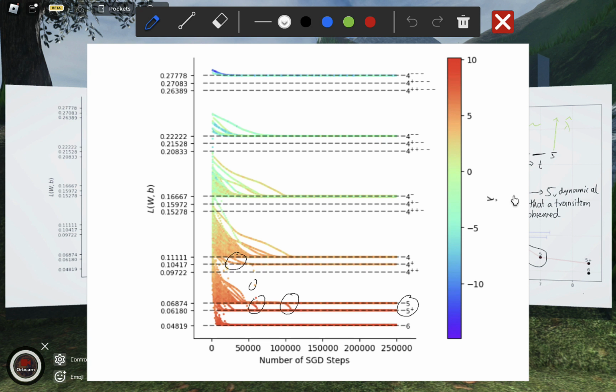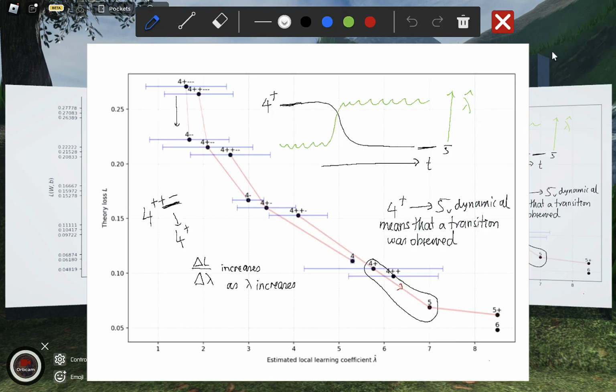Yeah, I think the transitions aren't infrequent at the beginning, right? If you look at the right-hand plot, I think it makes sense that over here, transitions are easy.